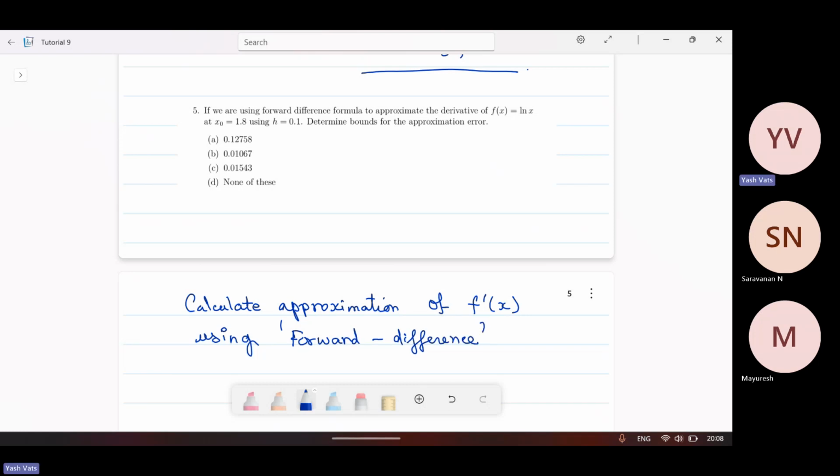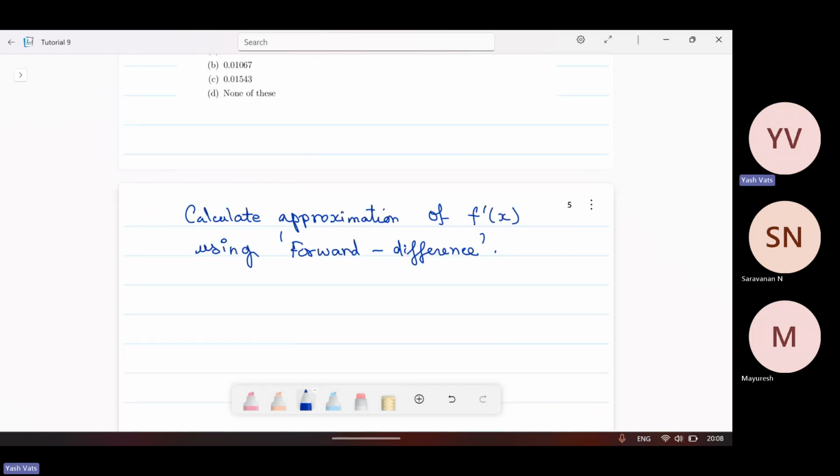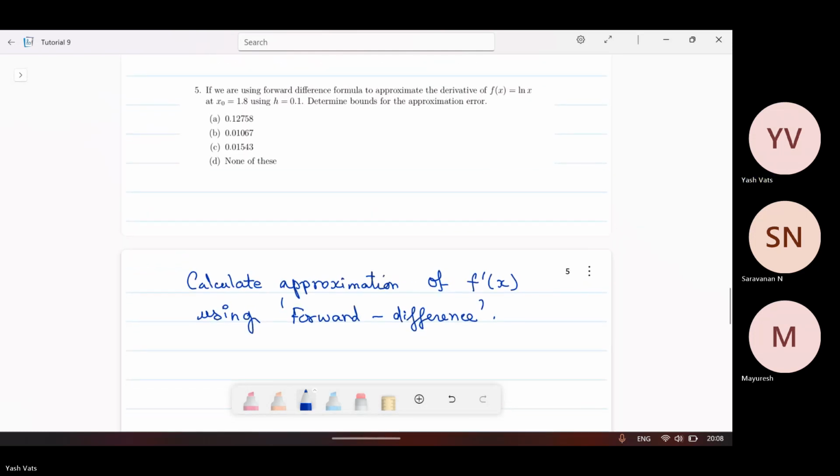Can you do that and tell me what the approximation is? Just take 5 minutes. You know the formula, right? Then we will discuss the approximation error bounds here. But first tell me the approximation.